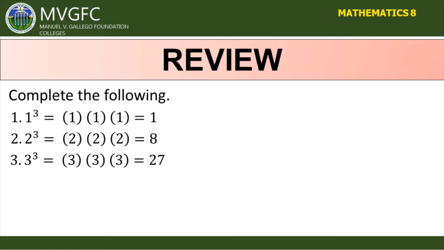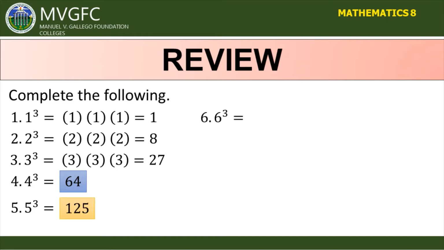So let us work this out. How about number 4? What is 4 cube? 4 cube is 4 times 4 times 4, which is equal to 64. For number 5, we have 5 cube. 5 cube is equal to 5 times 5 times 5, which is equal to 125.